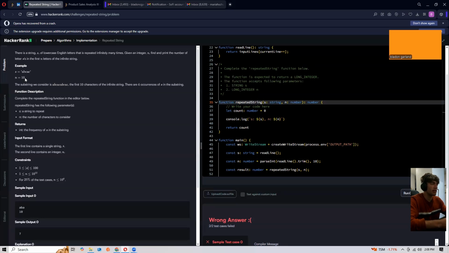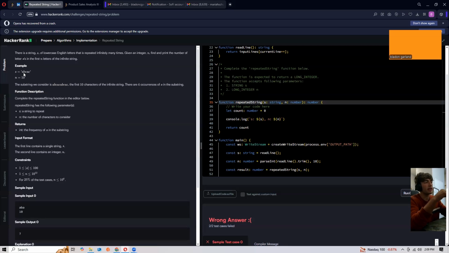For example, it gives us a string of length 5 and then a substring of length 10. So we would count the entire length of the string, because the length it wants us to take is greater than the length of the actual string itself. But if you were to get a string of length 5 and they want you to take 2, then in our case, A, B, C, A, C, you would just count A and B, and you would know, okay, one letter A appears in that string.